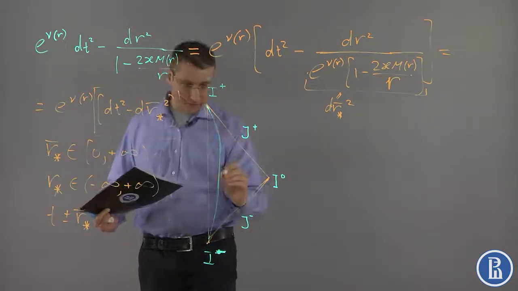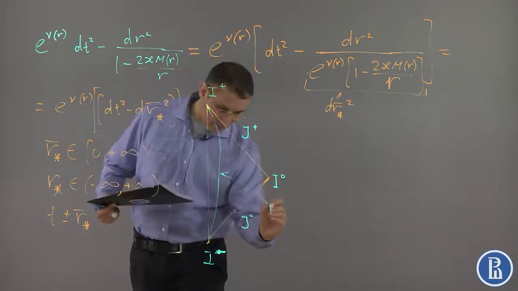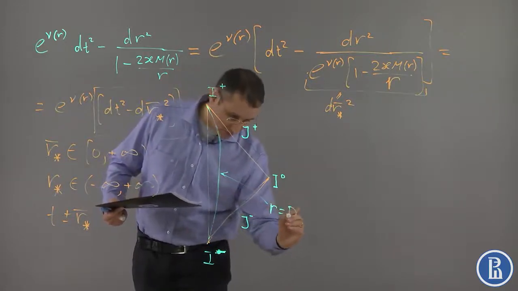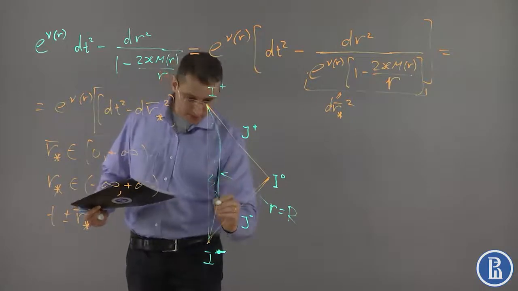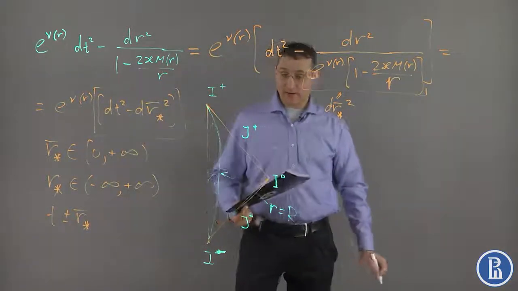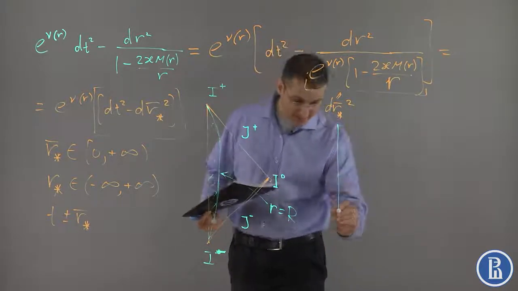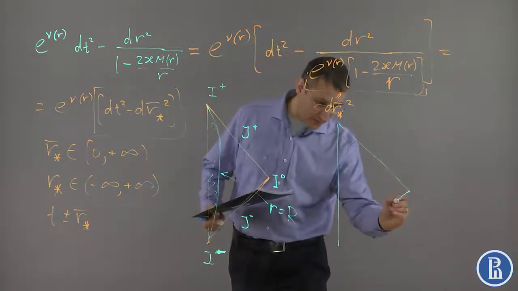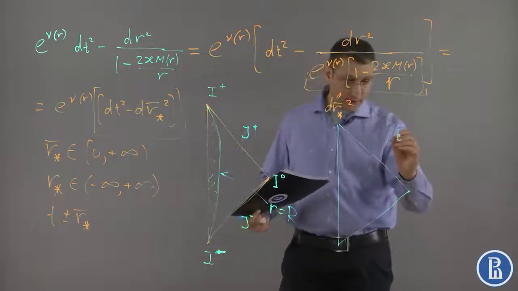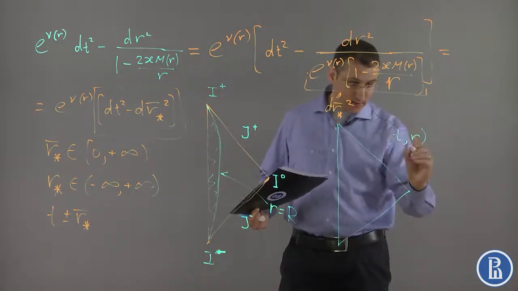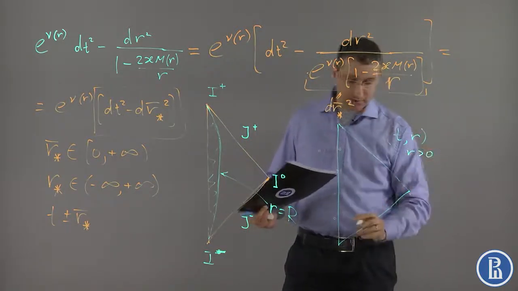So this is R equals big R. So this is the internal side of the star. Compare this to the Penrose diagram of the Minkowski space. The Penrose diagram of the Minkowski space in the coordinates t and r, where r is greater than 0, is like this.